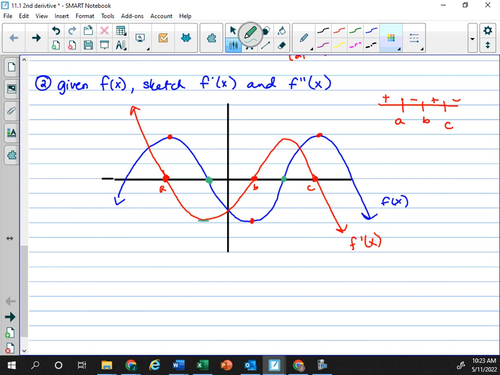Do you notice how they line up with the max and min of your first derivative graph? All right, so the left side coming up to that first green dot, is that concave up or concave down? Down. So where does my graph need to be, as in above or below the x-axis? Below, right? So I'm going to be here.